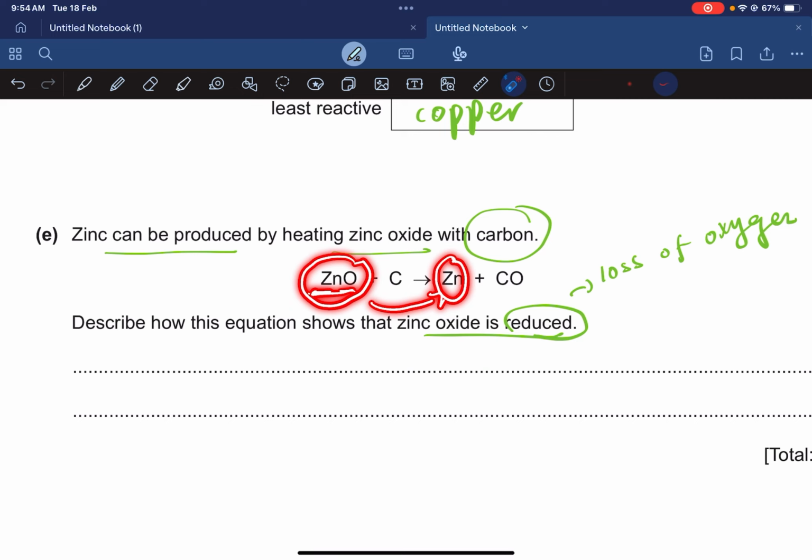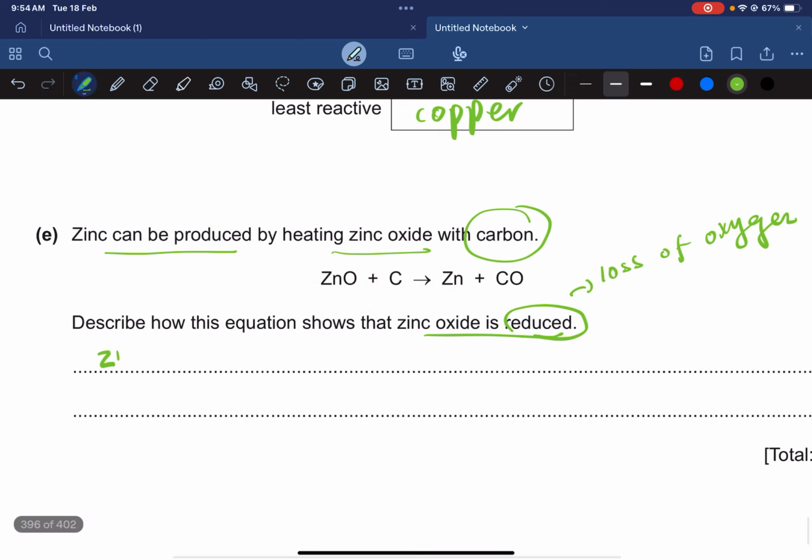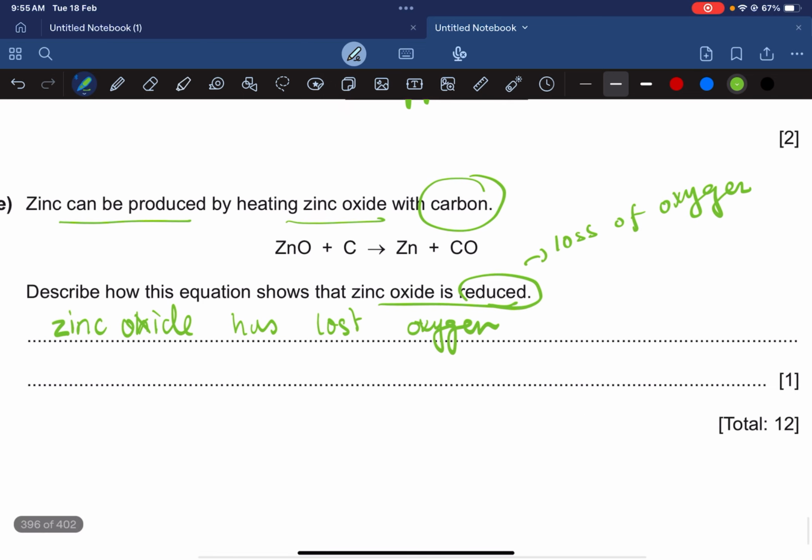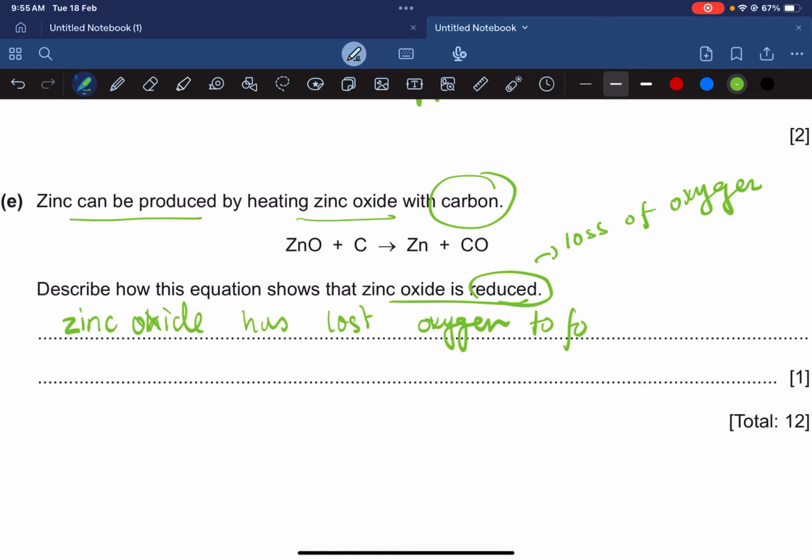First it was zinc oxide, ZnO, then it only became zinc. So we're going to say that it is simple reduction because zinc oxide has lost oxygen, and it formed zinc, which is Zn.